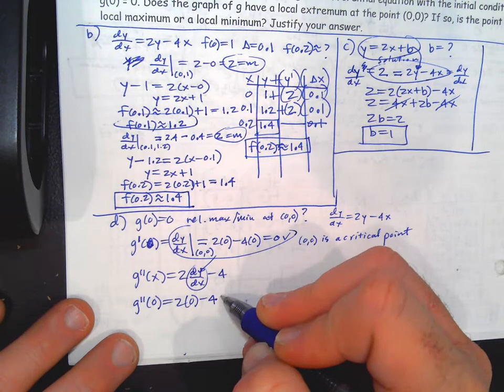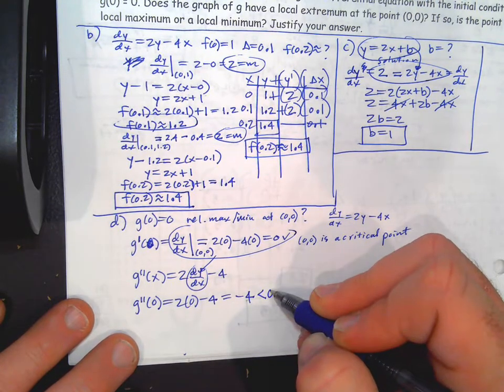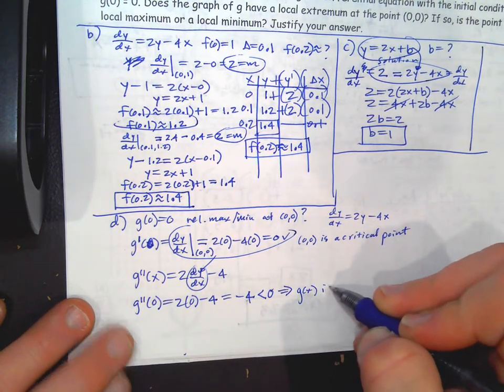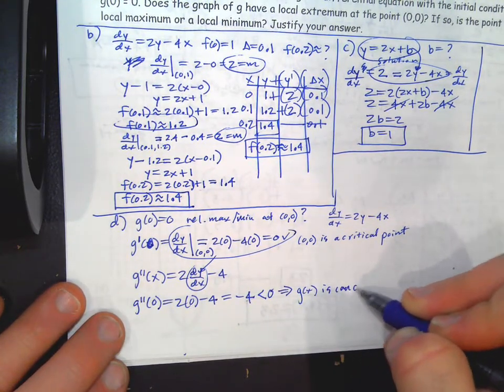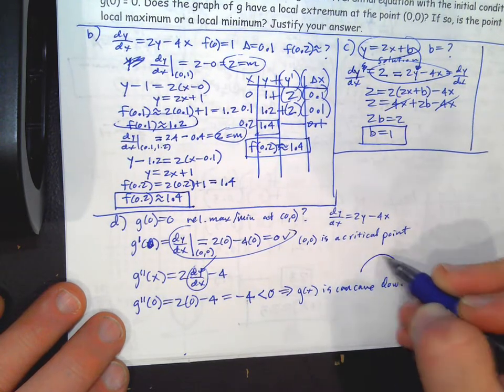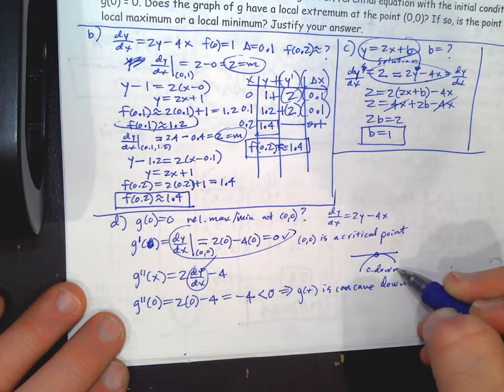And so then it equals negative 4, which is clearly negative, which means that g is concave down, and the second derivative test says if it's concave down and you have a critical point, that's got to be a high point.